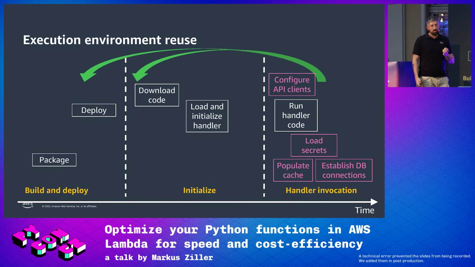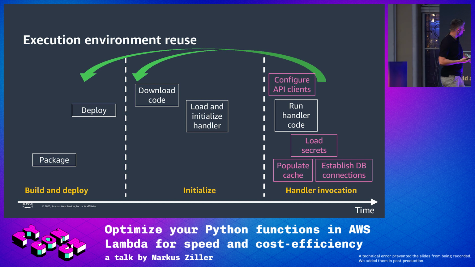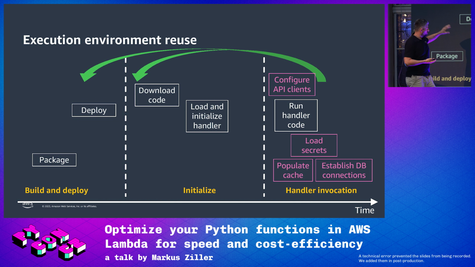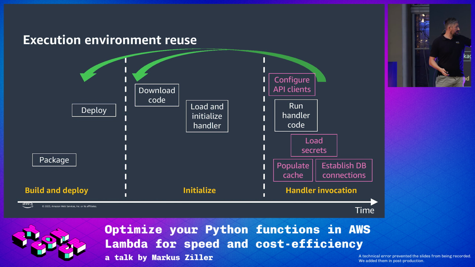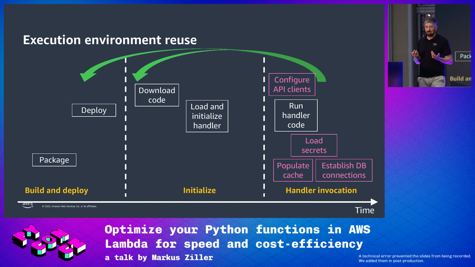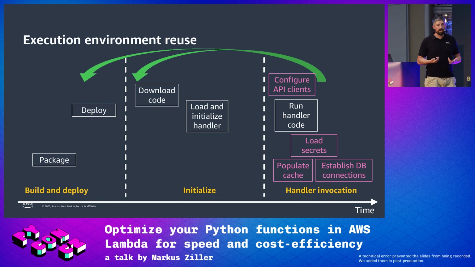Another really important thing where we can see huge improvements is execution environment reuse. To understand what I mean by this, we need to go back to the life cycle. We have the 3 phases: build and deploy, initialize, and then we call the handler function. In the handler, we do some things. We might configure some API clients.